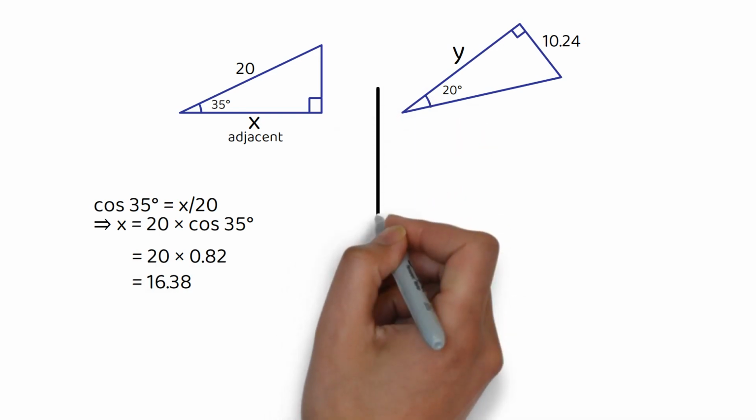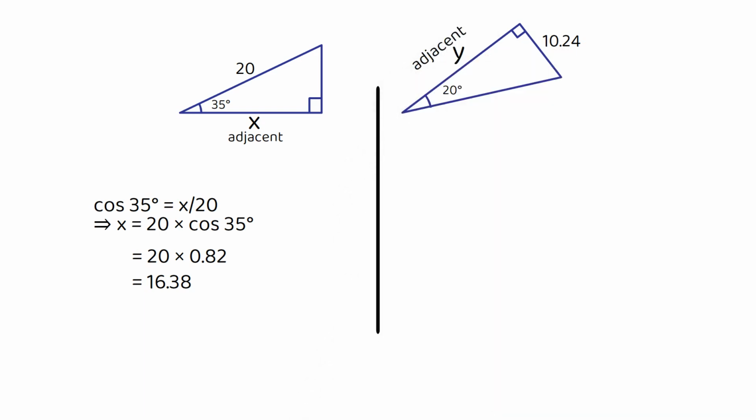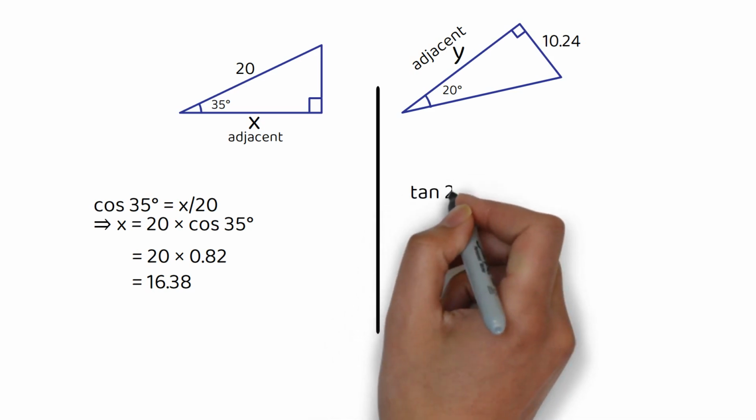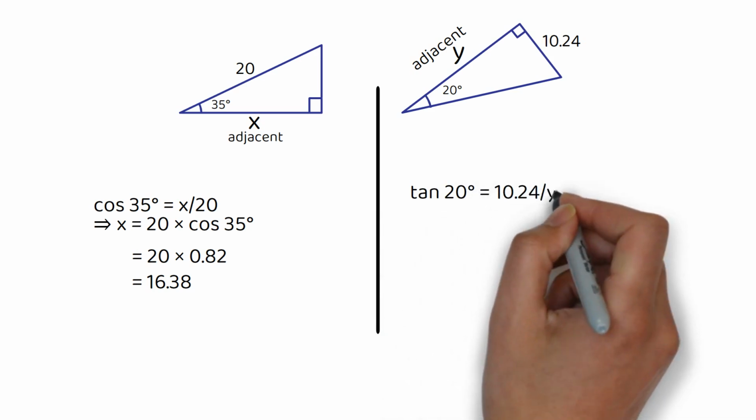To solve the second problem, we have the opposite side and we're looking for the adjacent side. Notice that y is adjacent to the 20-degree angle, and 10.24 is the opposite side. So we'll use the tangent formula of opposite over adjacent. The tangent of 20 degrees is 10.24 divided by y.